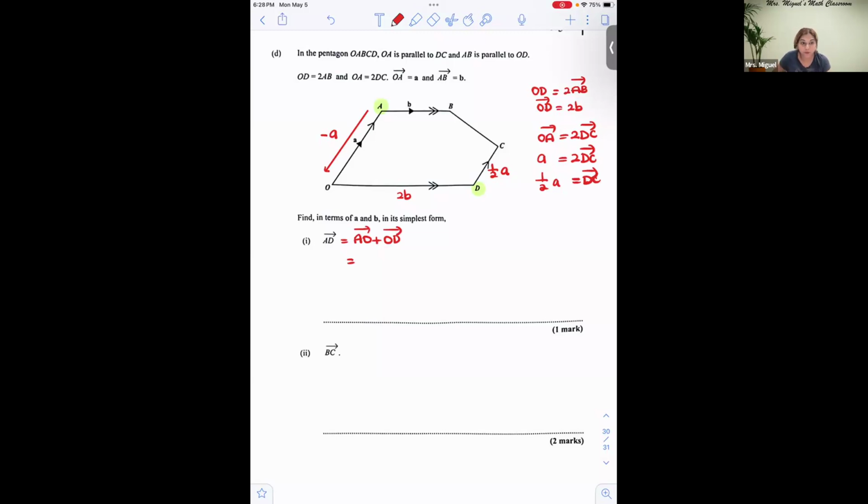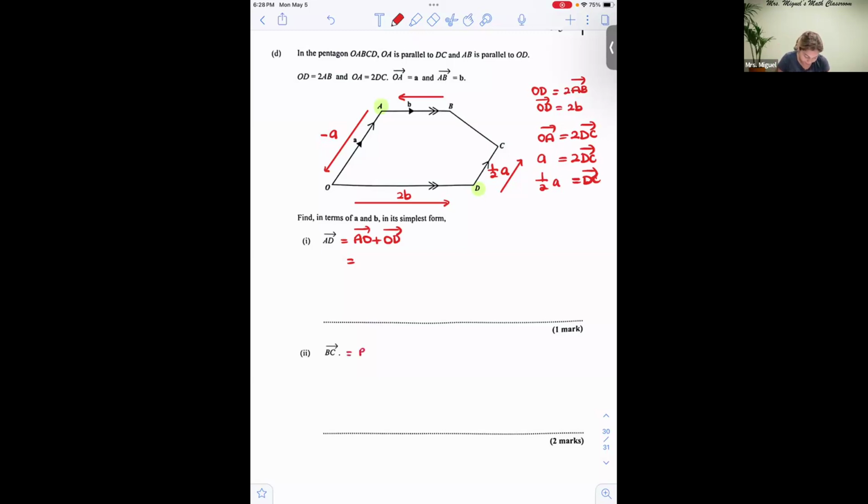You could also do BC, because you could go in the direction of all these vectors and find BC. So you could do that one as well. It doesn't have to be triangular as long as it follows a pattern. So you could go ahead and find AD and find BC.